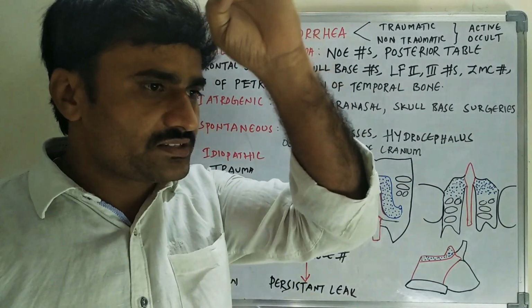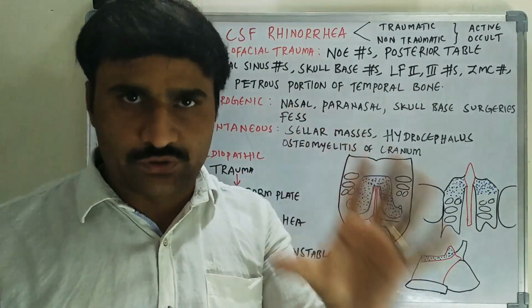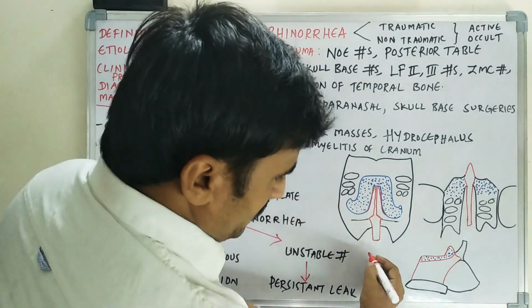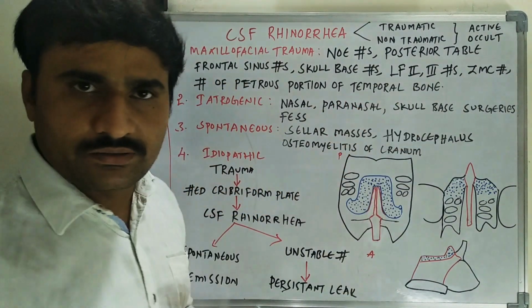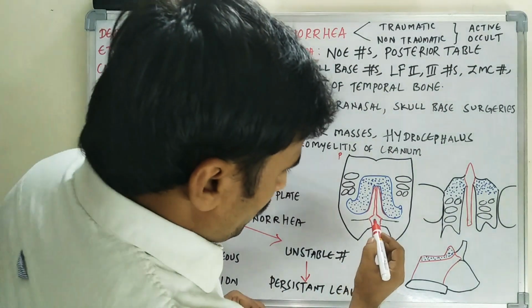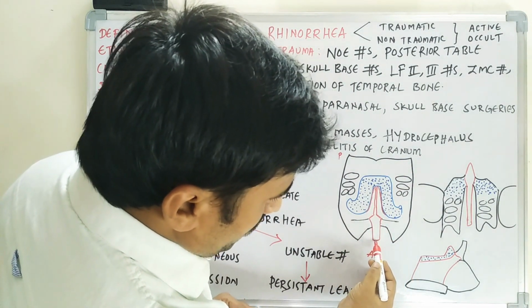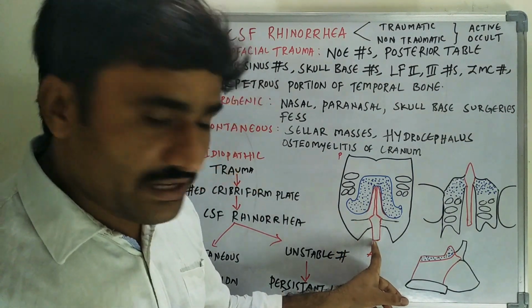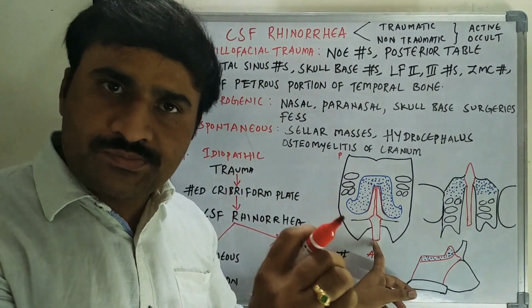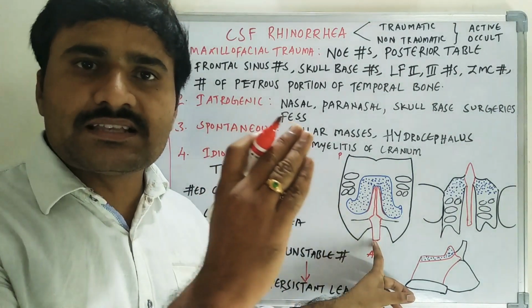In this case, this is the anterior part and this is the posterior part. So this is the perpendicular plate of the ethmoidal bone, which forms a part of the nasal septum.